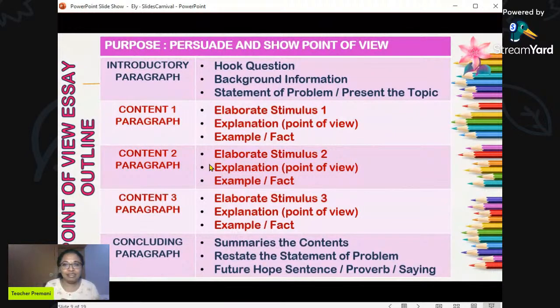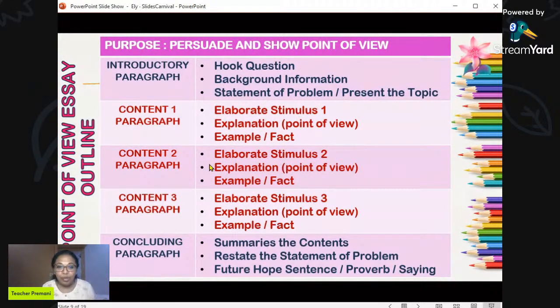So you have to put all together. For example, you can say, "The internet definitely comes with the good and the bad. It depends on the user to use it wisely to avoid unwanted issues while using the internet." That is the summary. Because you tell about the problem, no need to restate the problem in general only.